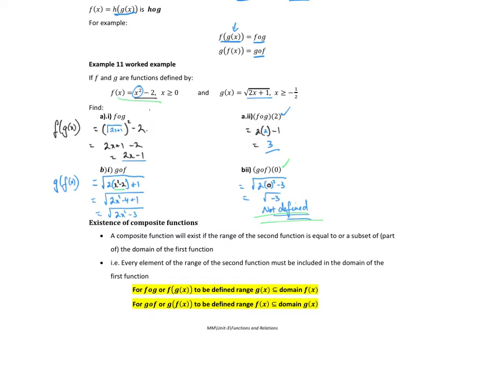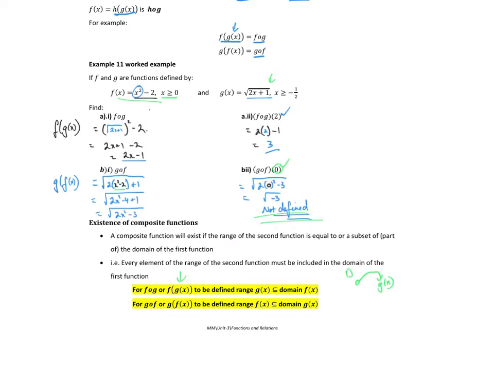If I work out x equal to 0, x equal to 0 is a part of the domain of f of x, but it isn't a part of the domain of g of x. Given that I've substituted g of x into the function f, what we're really doing is substituting a value into g of x.